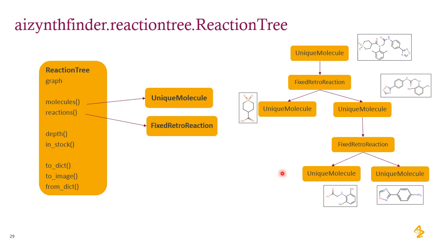So this is a directed acyclic graph. And the reason we have unique molecules here is to prevent cyclization. And because we know what the reactions are from the instantiation, they are fixed. You cannot, for instance, apply a template here.